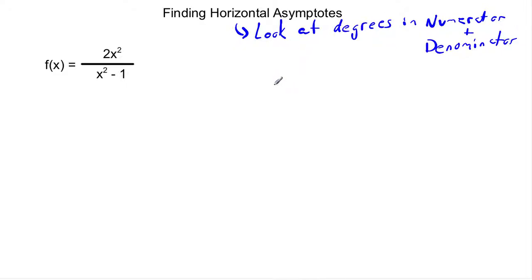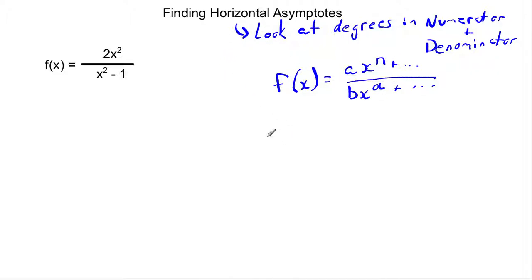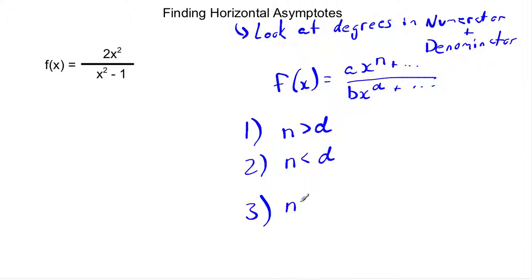So we're going to have f of x equals a x to the n over b x to the d, where n is the degree in the numerator and d is the degree in the denominator. Now there are 3 possibilities here. Either the degree in the numerator is larger than the denominator, or it's less than the denominator, or they're equal.